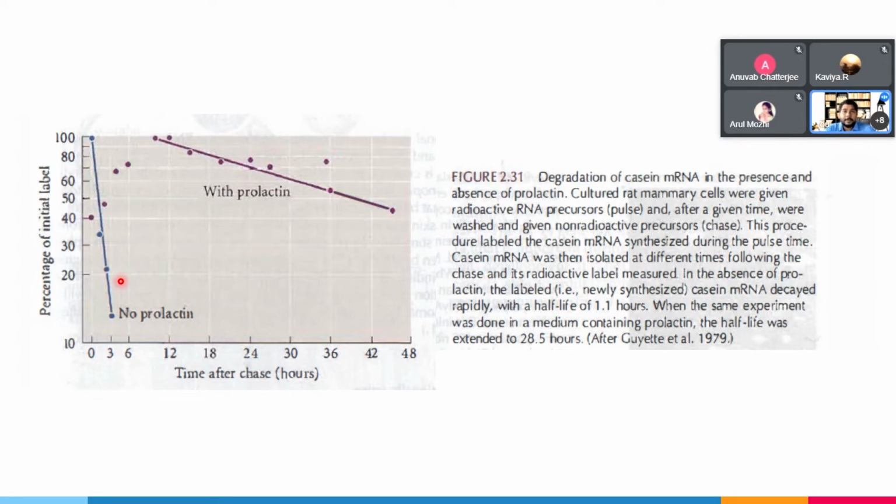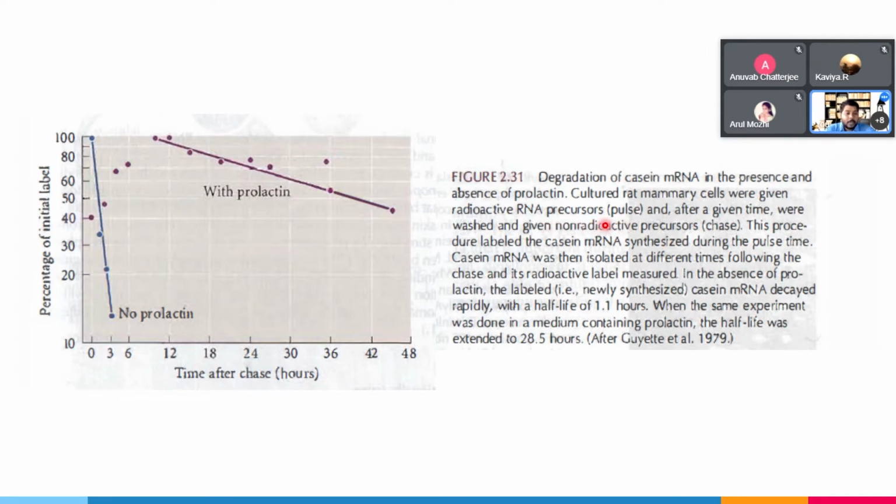In a pulse chase experiment, what we do is that we label a particular protein or particular cell or whatever with a label that stays with those particular cells or proteins. So how it is done is that rat mammary gland cells are given radioactive RNA precursors, or a pulse, and after a given time were washed and given non-radioactive precursors.